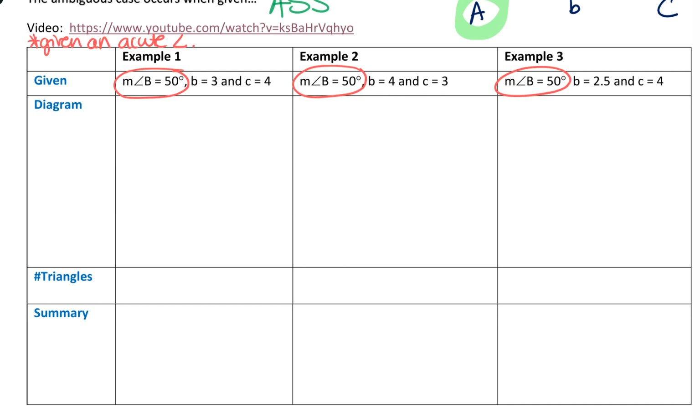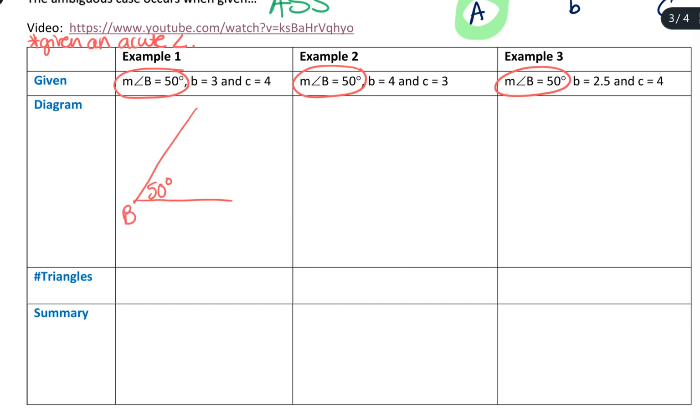Before we start this next little video within this video, you might want to pause for a moment and take a minute to draw each diagram with the given information. So draw a triangle ABC for each set and label angle B, side B, and side C. For example, for the first one, I'm going to encourage you to draw the angle on the left. So angle B would be here.